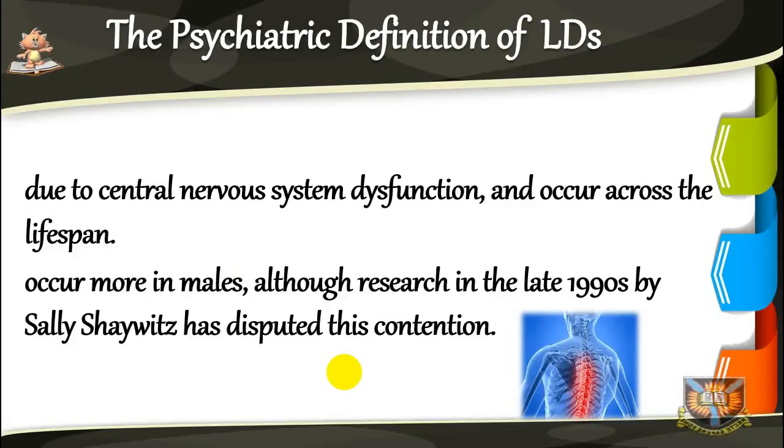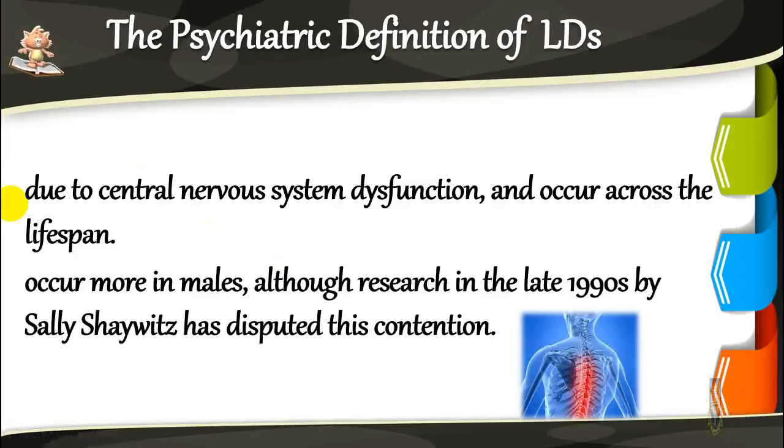Some may not be apparent early because academic skills in areas affected by the LD have not yet been challenged. The psychiatric definition of LDs, as found in the American Psychiatric Association's Diagnostic and Statistical Manual of Mental Disorders, DSM-IV, differs considerably from both federal and state classification systems.